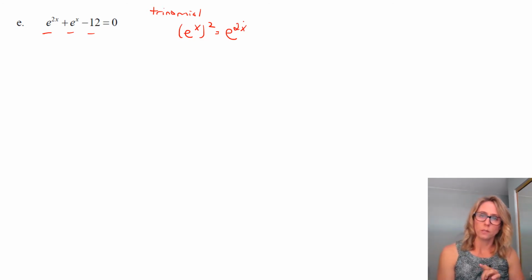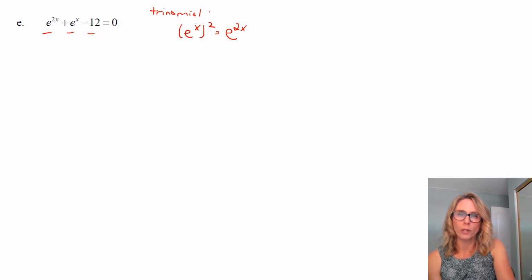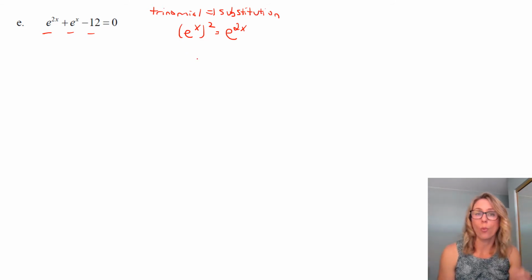So what you should notice is that you have e to the x and you have e to the x squared. I don't know if this will trigger something that you've seen already that we've done, but this is a case where we want to use substitution. What I mean by that is we want to rewrite this in a way that we'll know how to solve.